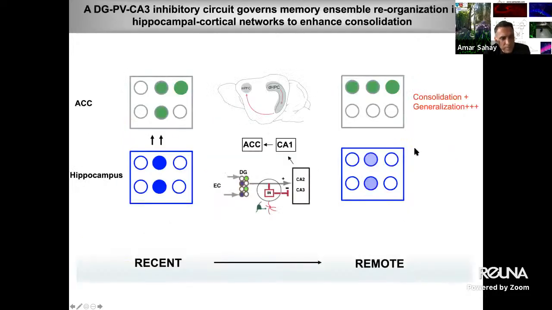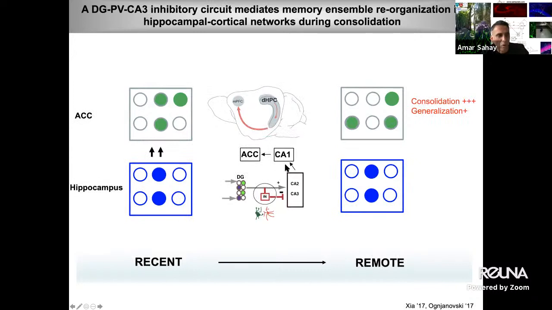So in conclusion, these data begin to highlight how an inhibitory microcircuit at the level of dentate gyrus CA3 contributes to the consolidation of memories in hippocampal cortical networks and generalization of these memories.